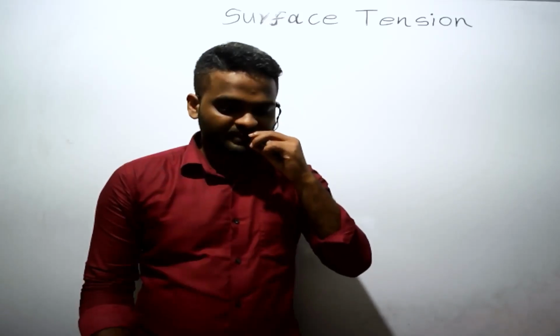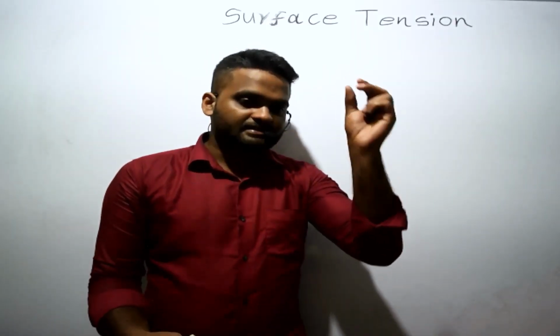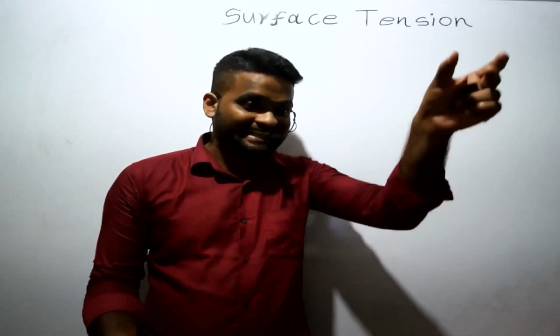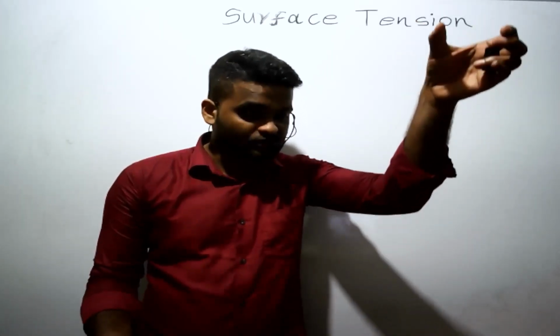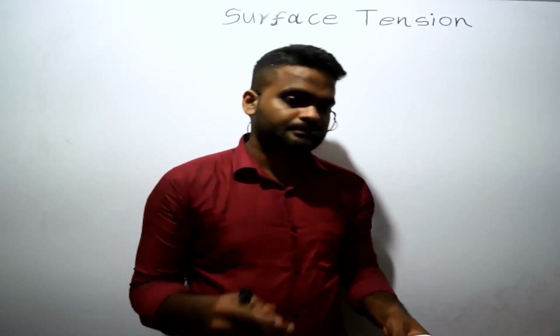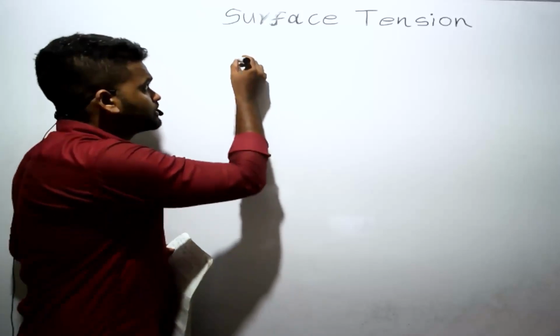What is the first point? So we have benzene. Now we are considering tubes, like glass tubes. Don't draw this.